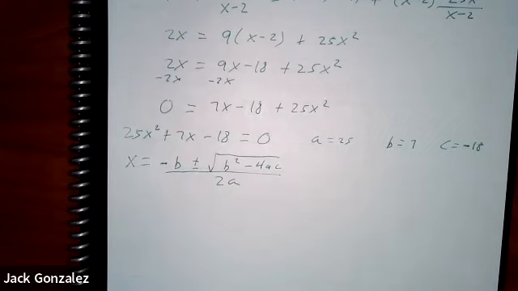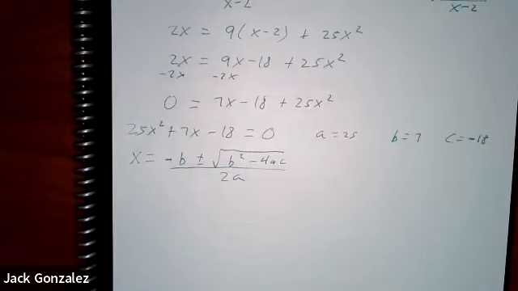For instance, you see it's negative 18 in parentheses. If it was negative 7 instead of regular 7, would I still put 7 or would I put negative 7 in parentheses? Yeah, you would put it in parentheses. With c as negative 18, you'd have negative 4 times a times negative 18.